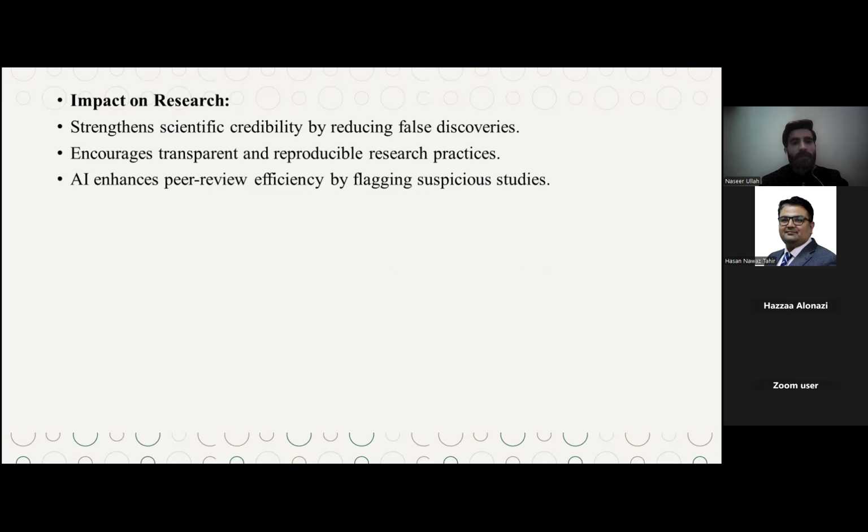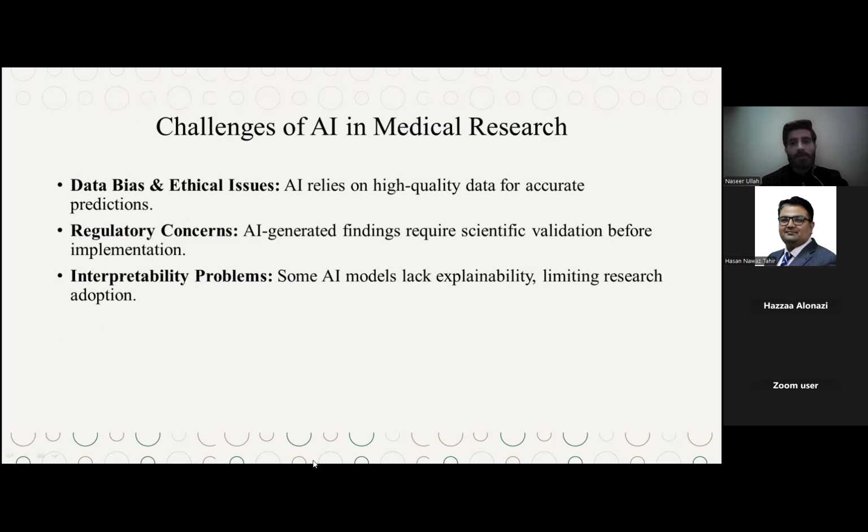It strengthens scientific credibility by reducing false discoveries, encourages transparent and reproducible research practices, and AI enhances peer review efficiency by flagging suspicious studies. Challenges of AI in medical research: data bias and ethical issues.